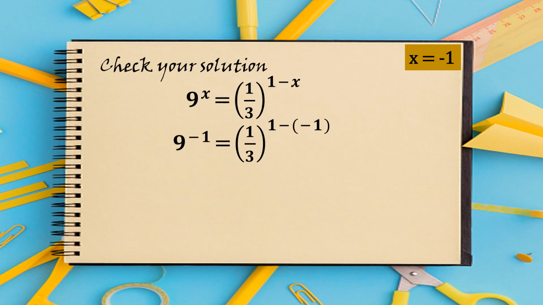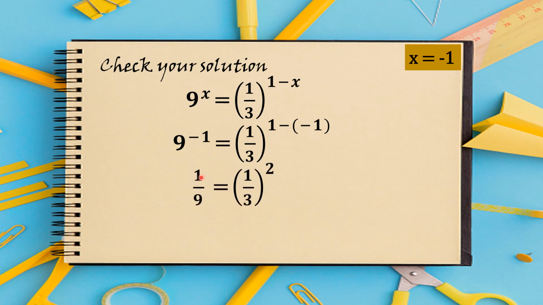To check, we will use this replacement value, which is -1, in replacing the x variable. So it will become 9 raised to -1 equals 1/3 raised to 1 minus -1.